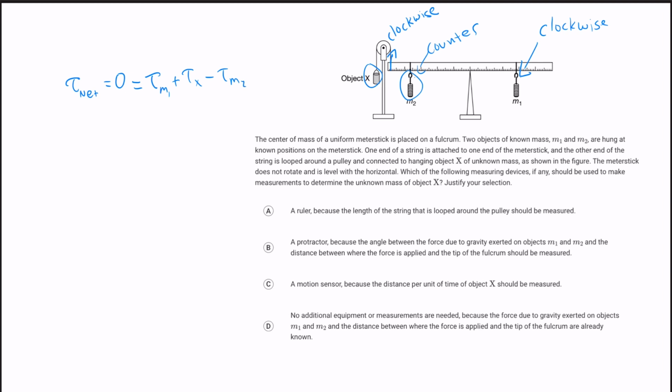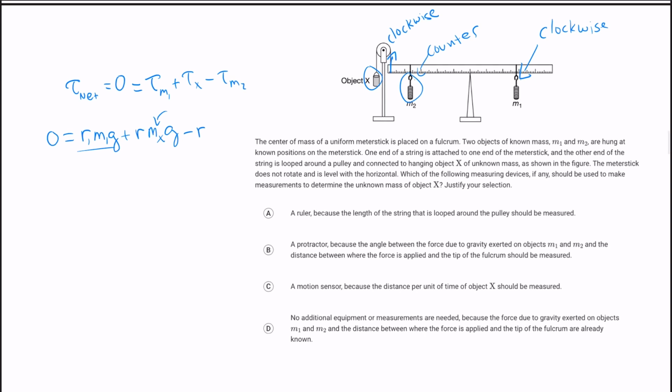Now, breaking that up, it would be 0 is equal to R M1 G, we know all of these, plus R M_X G, all right, the only thing we don't know here is M_X, and then minus R, so this is all going to be R1, R2, R3, because they're different R's, minus R M2 G, and we know all of these.